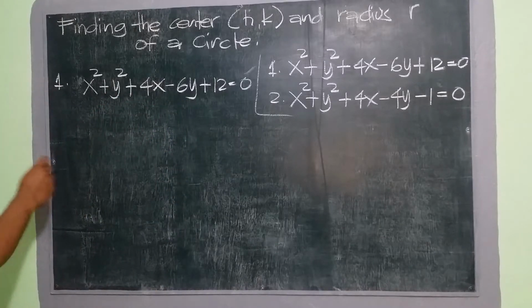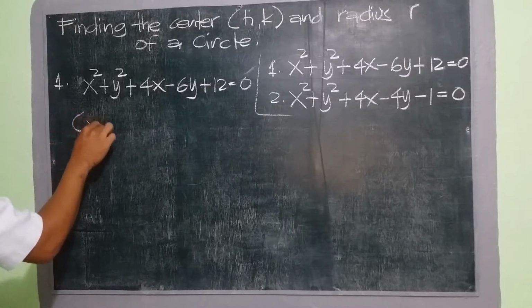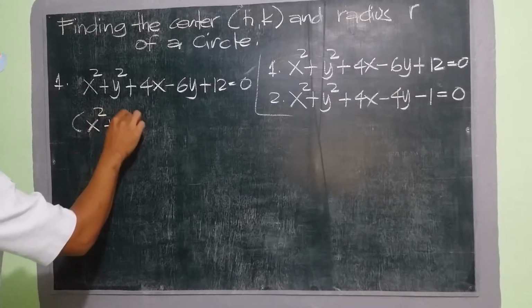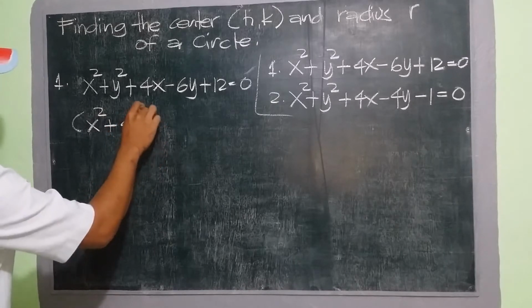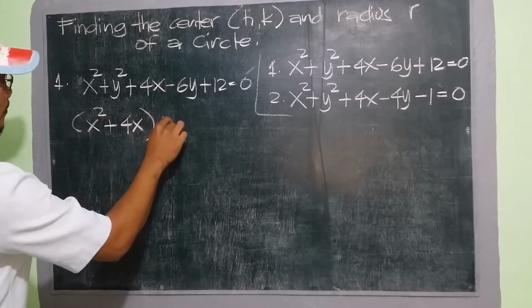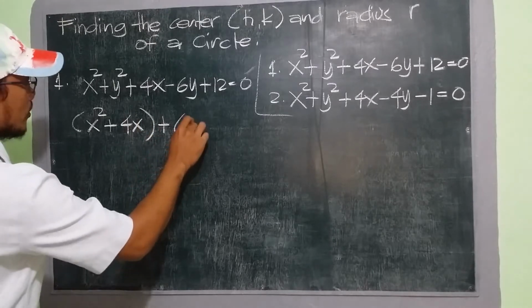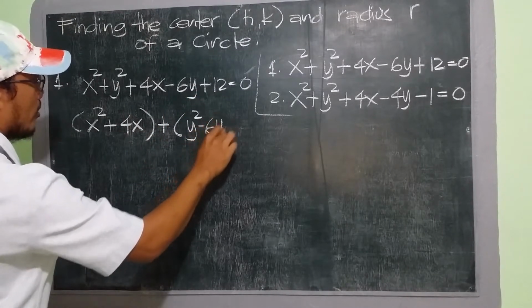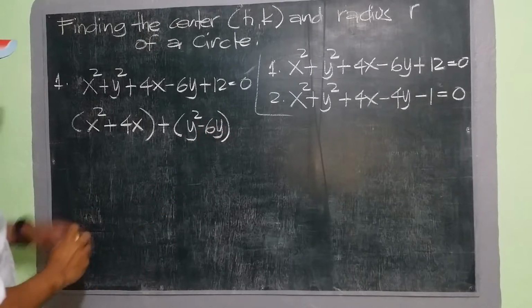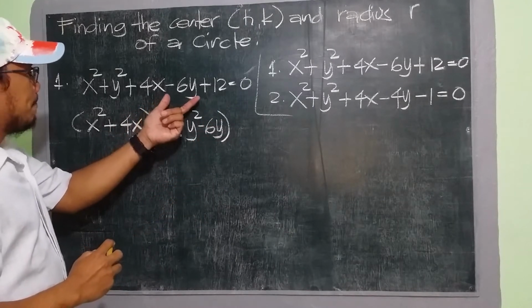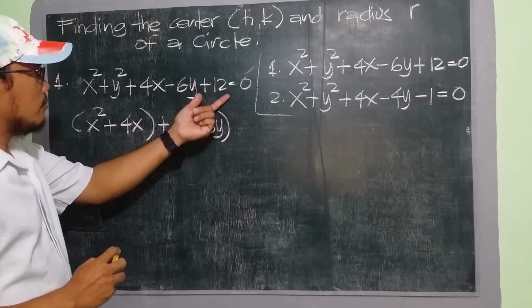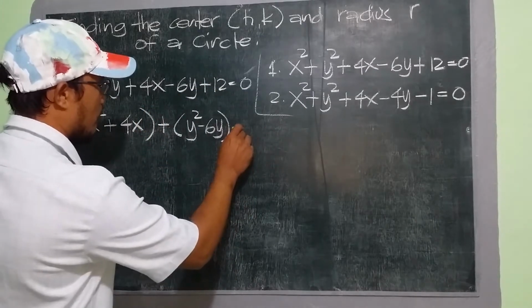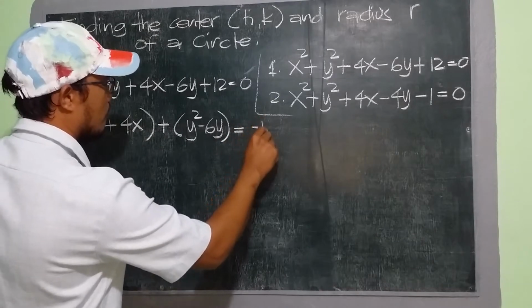So we have x squared, then we have plus 4x, then we add the group of y squared together with negative 6y. And then we have here 12. We need to put that one on the other side. So this will become equal to negative 12.